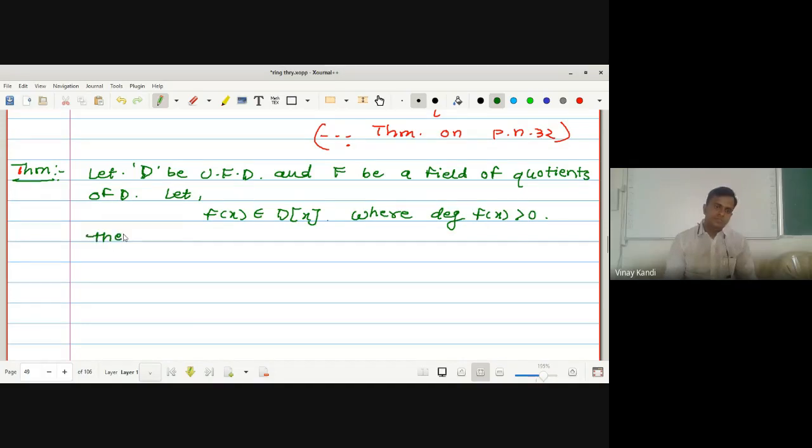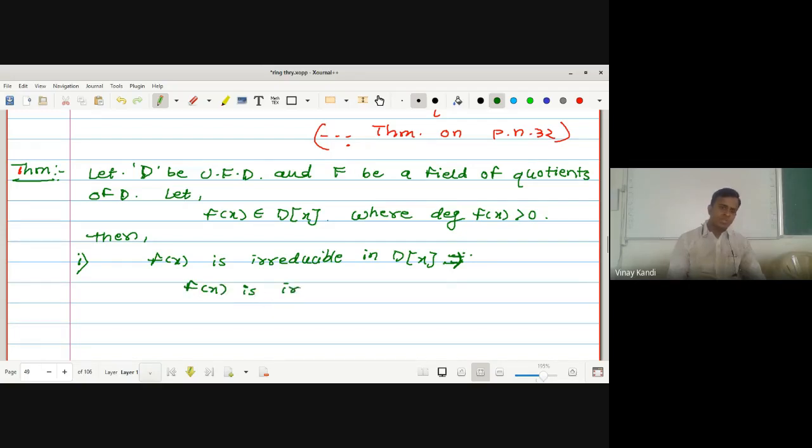So then, first, if f of x is irreducible in D of x, then f of x is irreducible in capital F of x.